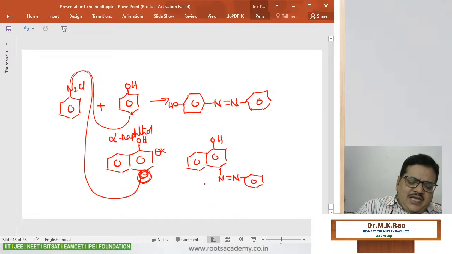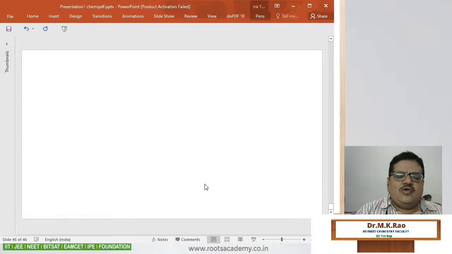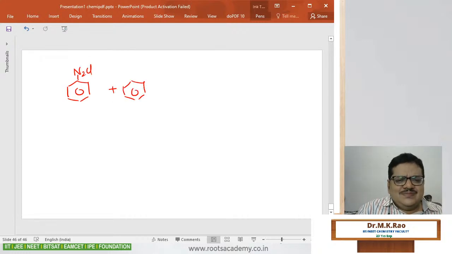Here is another one. Similarly, the same benzene diazonium chloride upon reaction with beta naphthol, very interesting. Here there is more negative charge.